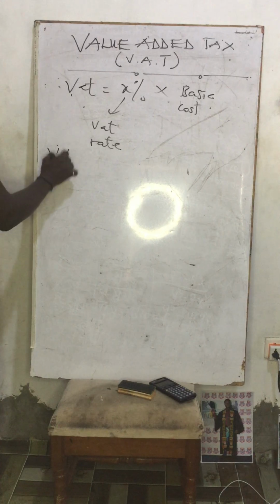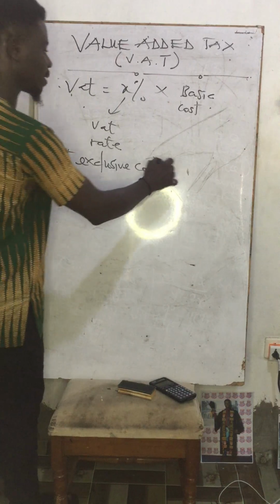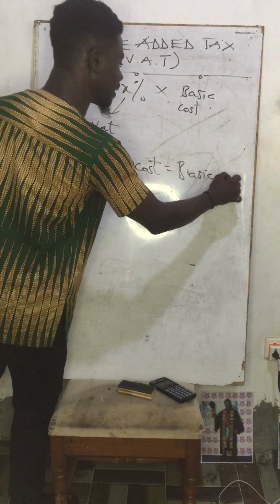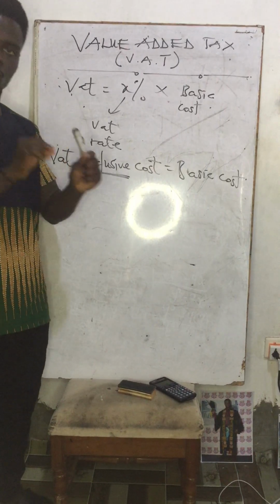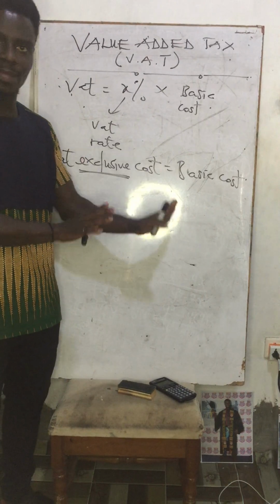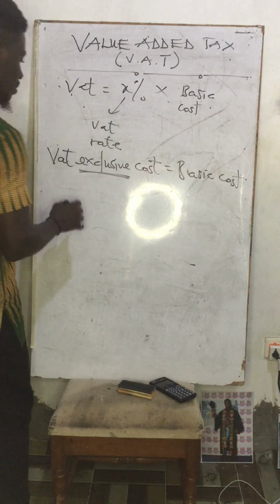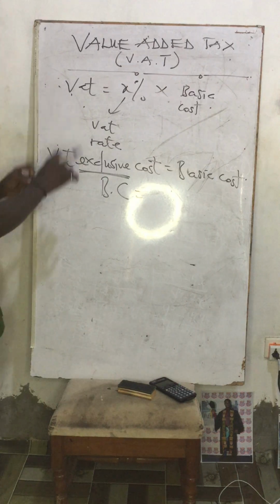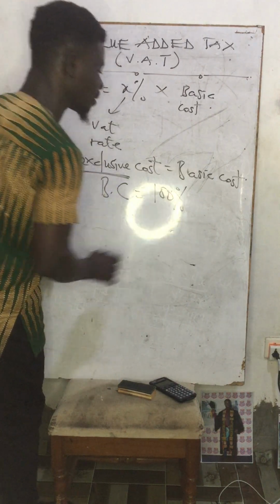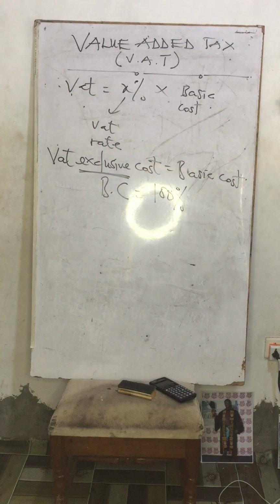We can say that VAT exclusive cost is the same thing as the basic cost, because it is without VAT. And this is always 100%. So the basic cost or the VAT exclusive cost is always 100%.